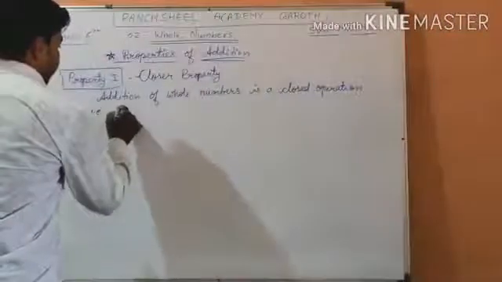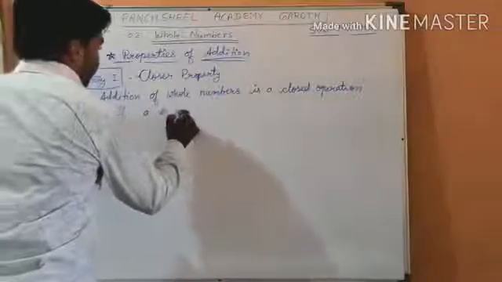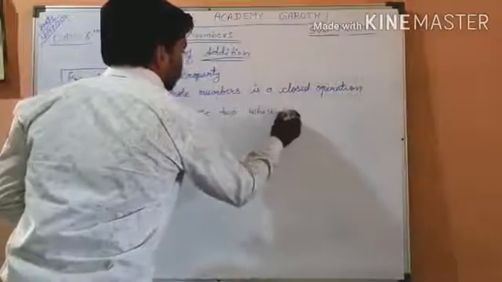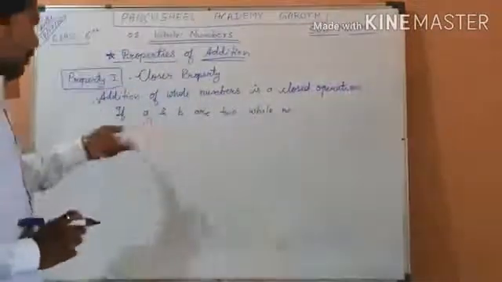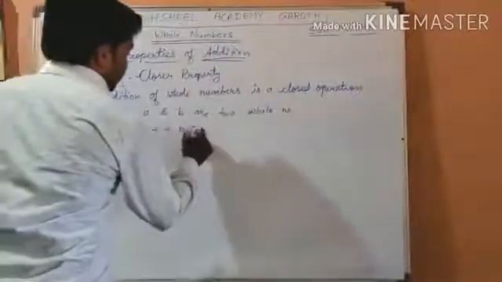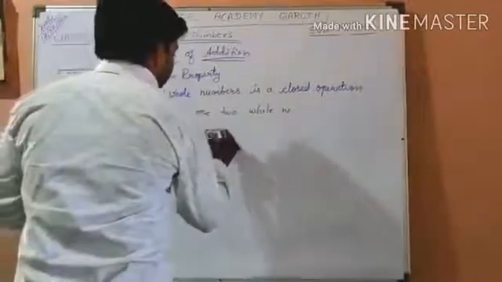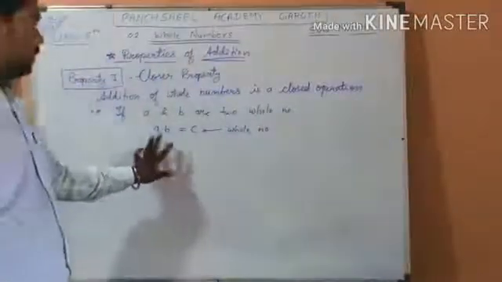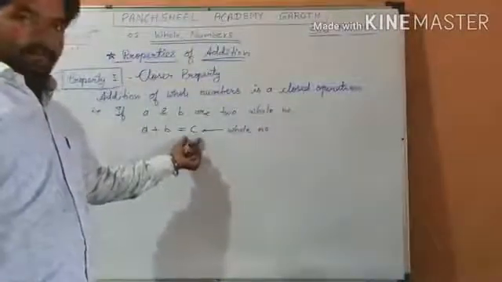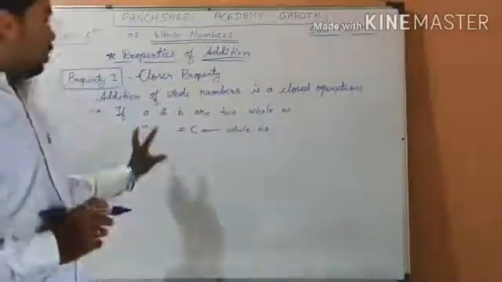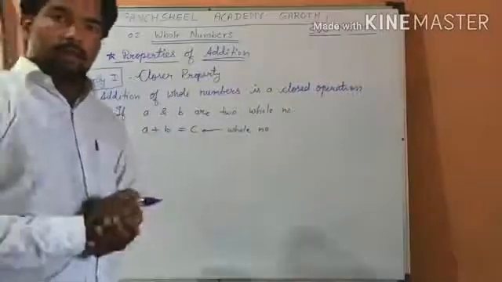Take an example: if A and B are two whole numbers, and we add A plus B, then the result C is also a whole number. Means if we add two whole numbers, we get a whole number.